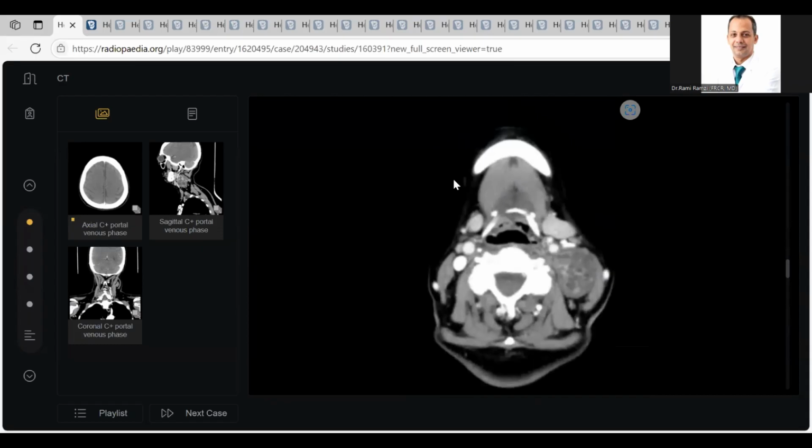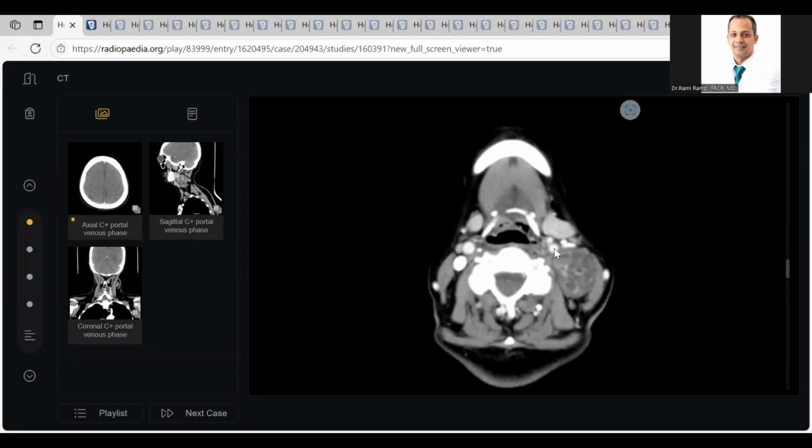There is a heterogeneously enhanced mass displacing all the vessels almost anteriorly. So it is not a carotid body tumor. Carotid body tumor will splay the internal from the external carotid. This is very characteristic. So let's think about other differential diagnoses like vagal schwannoma or sympathetic chain schwannoma.